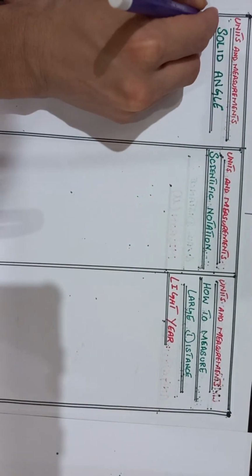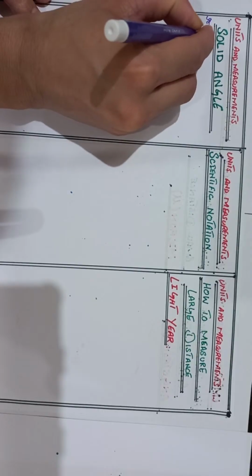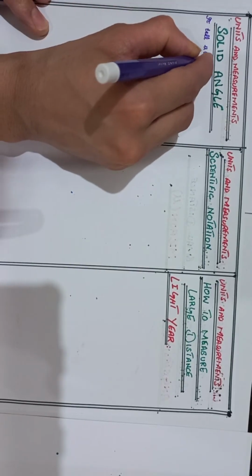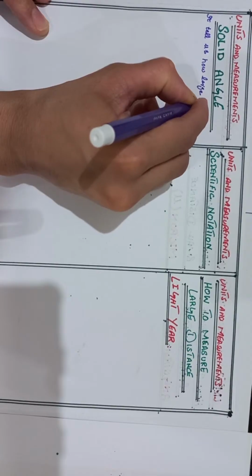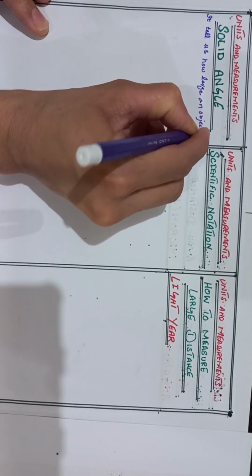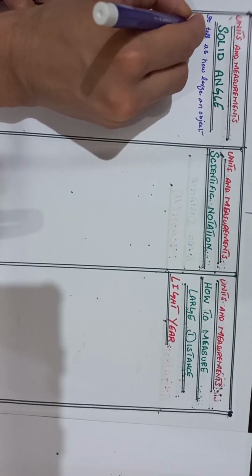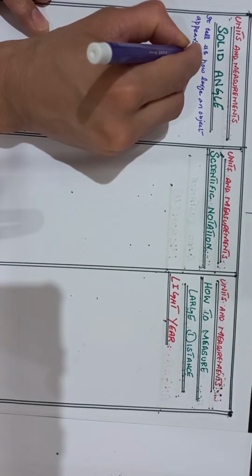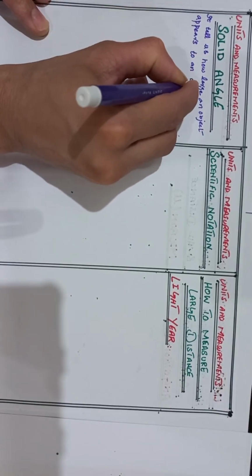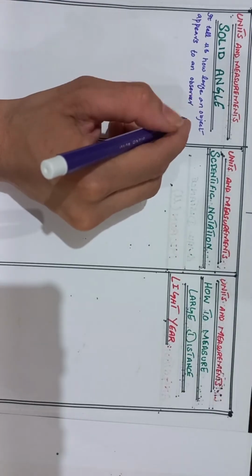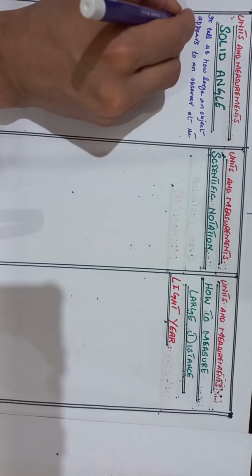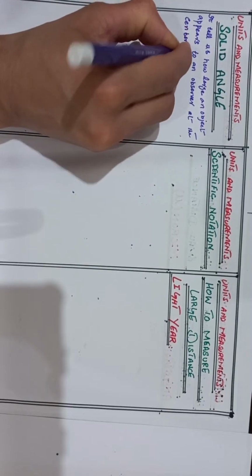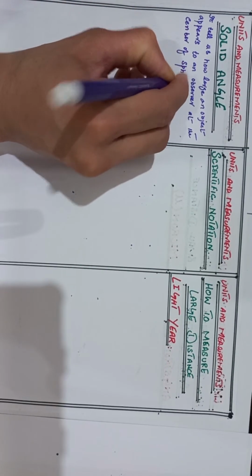Solid angle tells us how large an object appears to an observer at the center of the sphere.